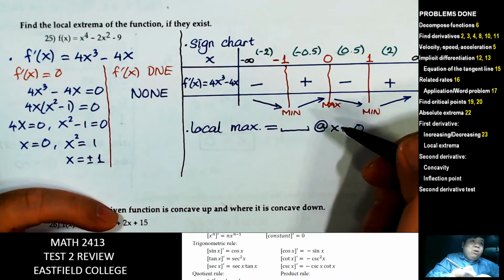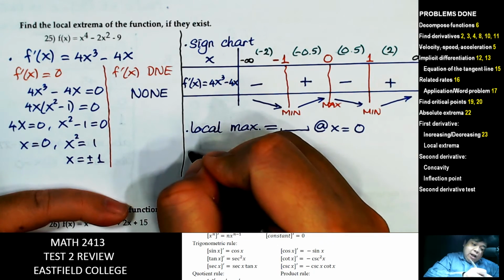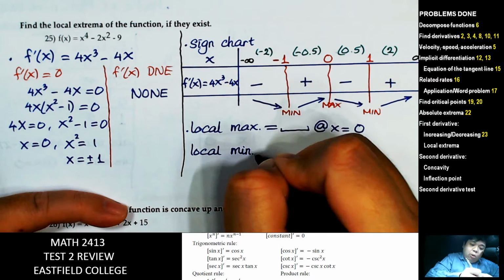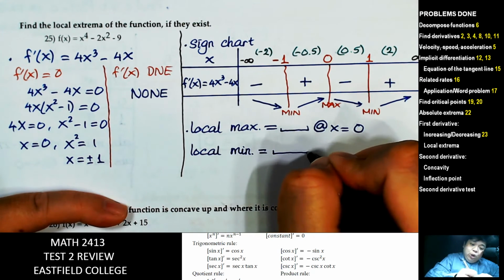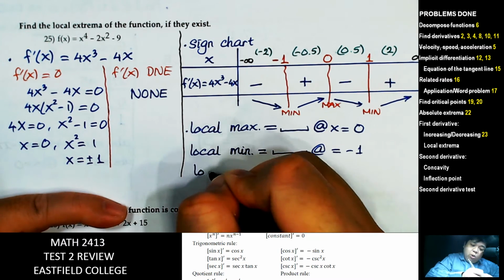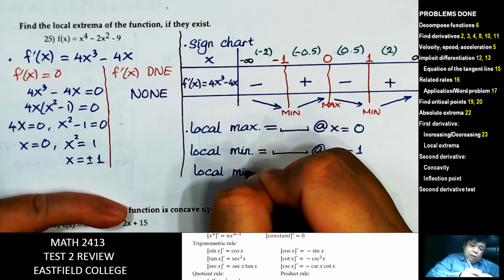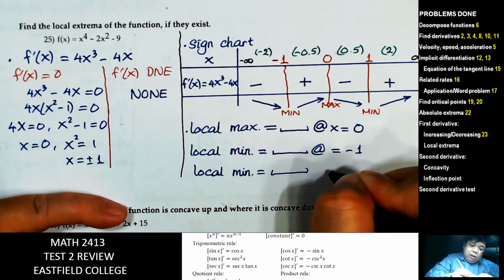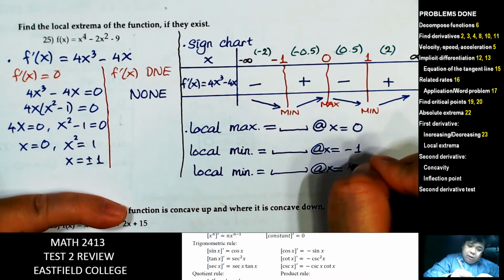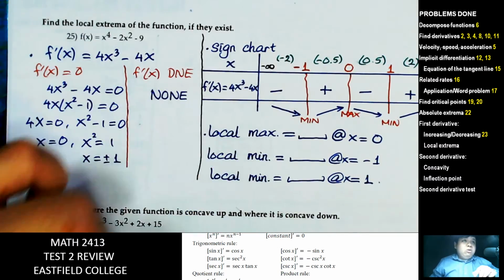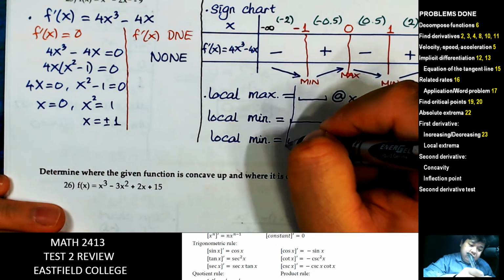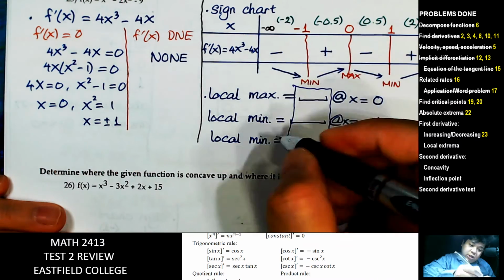Local min, we don't know the values yet, to be determined, at x equal to negative 1, and there will be another local min that occurs at x equal to 1. We don't know those values, and those values will come from the original function, because those are the y values.